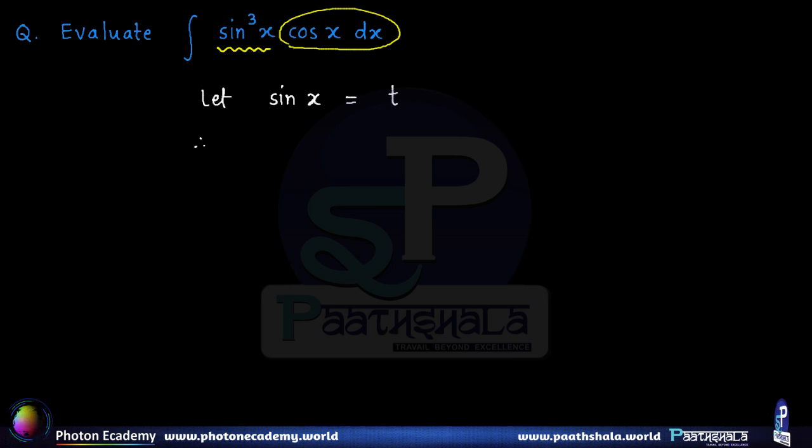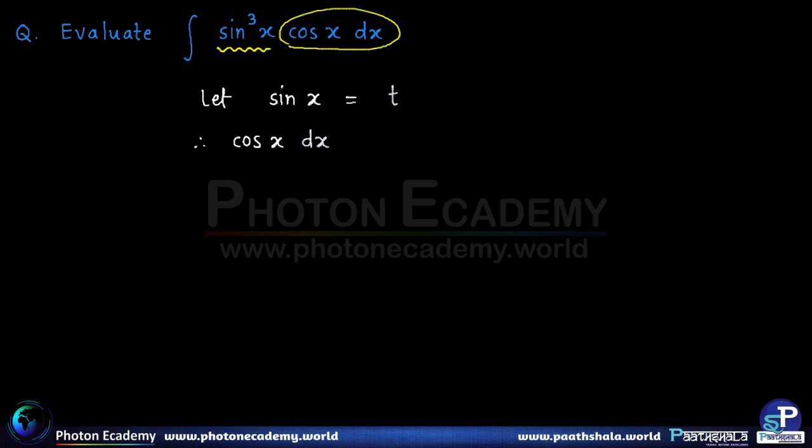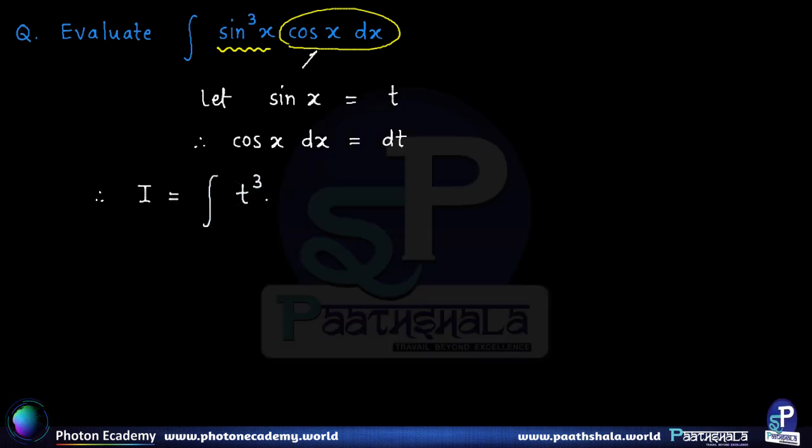Therefore, on differentiating both sides, we get cos x dx as nothing but dt. So our given integral becomes, since we have sine cube x, t cube, because t is sine x, into the next part, cos x dx, which simply reduces to dt. Now this becomes a very standard function, that is t raised to n type of function.